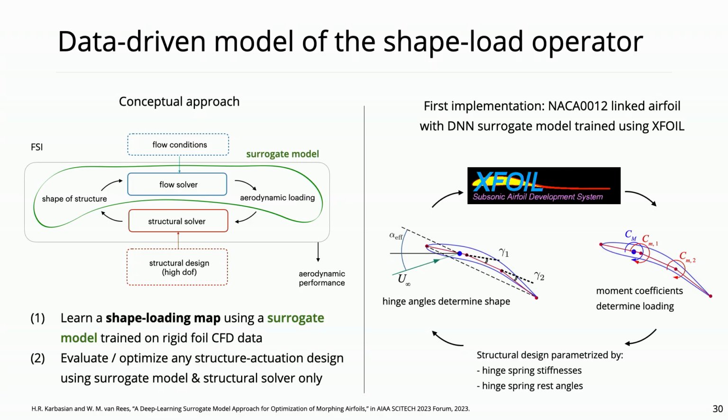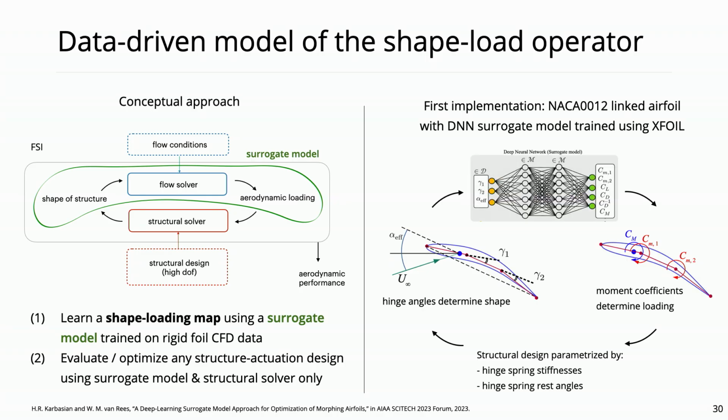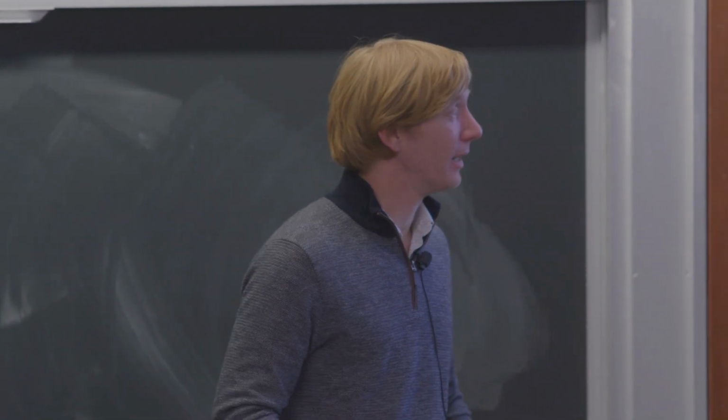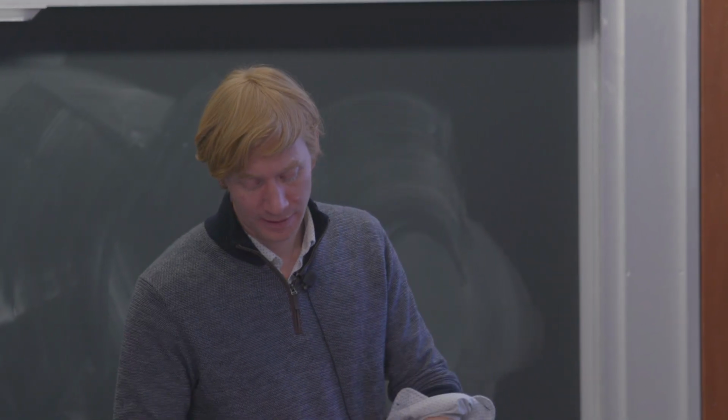Then you can put in some hinge stiffnesses, torsion springs, rest angles or other complex flexible compliance elements to go back to the shape once you have the torques, right? And you can iterate this through equilibrium if this is a steady-state problem. Once you've trained your model on the shape-loading map from Xfoil data, you can run all of this without further CFD evaluation, without further Xfoil evaluation.